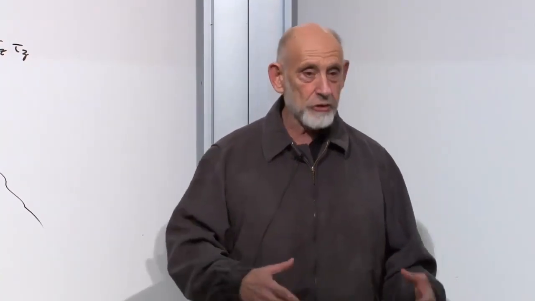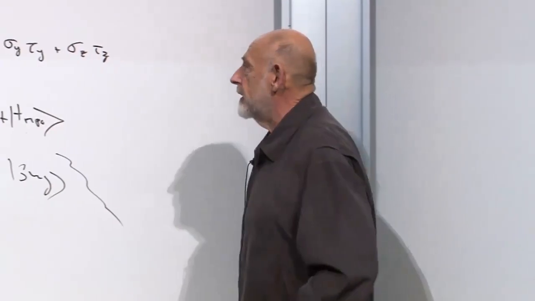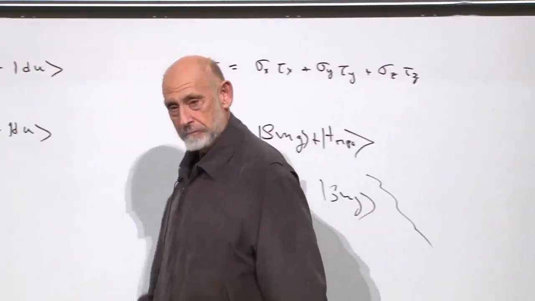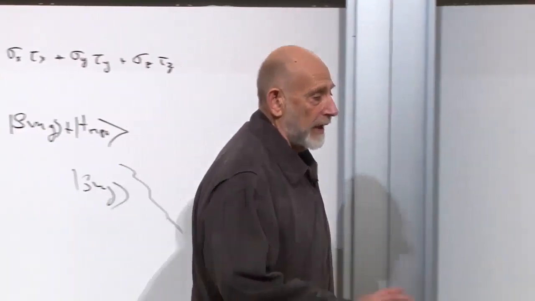The radiation system itself could be modeled by having another degree of freedom, and the other degree of freedom could also have a 0 or 1. 0 would mean no photon present, 1 would mean a photon present.